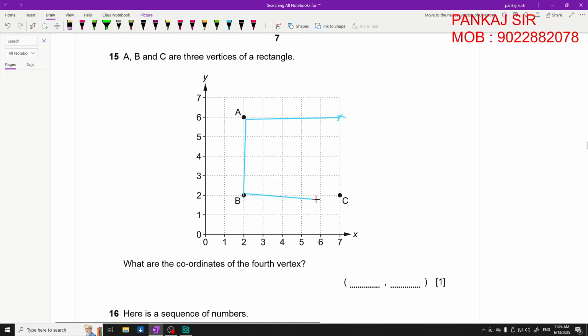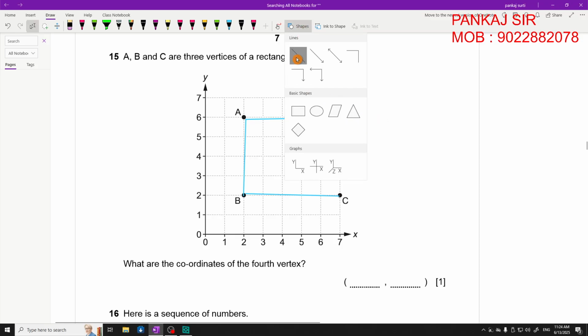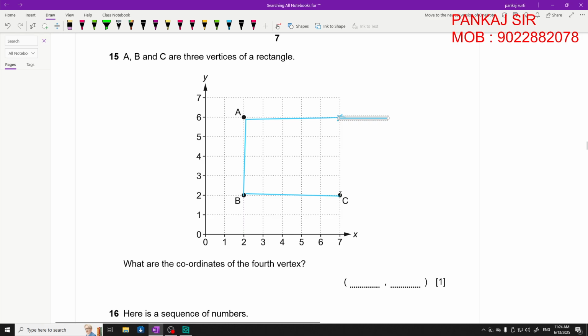This is a rectangle, okay? Okay, so I have completed the rectangle A, B, C, D. Okay, fine.